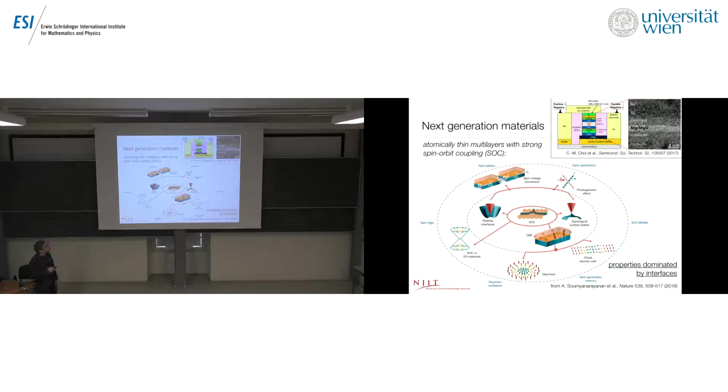Okay, and when the thicknesses of these materials reach these magnitudes, their properties can significantly change, and this is because they essentially become two-dimensional materials, and their properties begin to be dominated by the interfaces with the adjacent materials. And in the context of ultra-thin ferromagnetic films, this gives rise to two interesting phenomena.